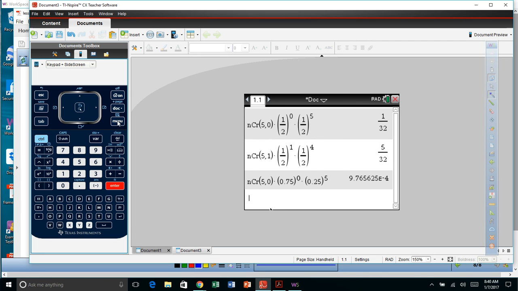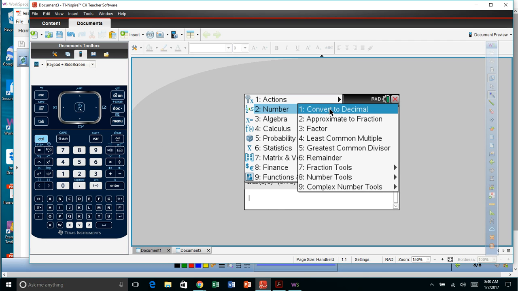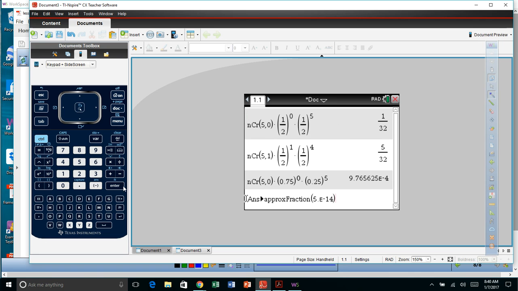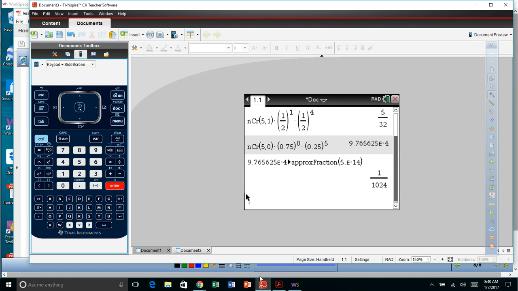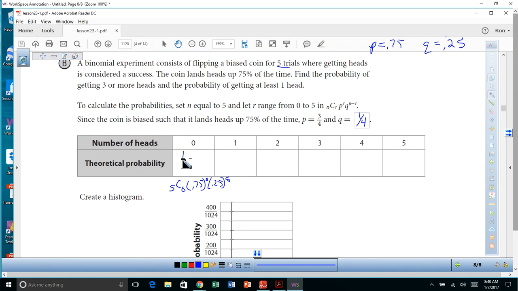And let's see, menu 2, 2. 1 over 1024. So this is 1 over 1024.